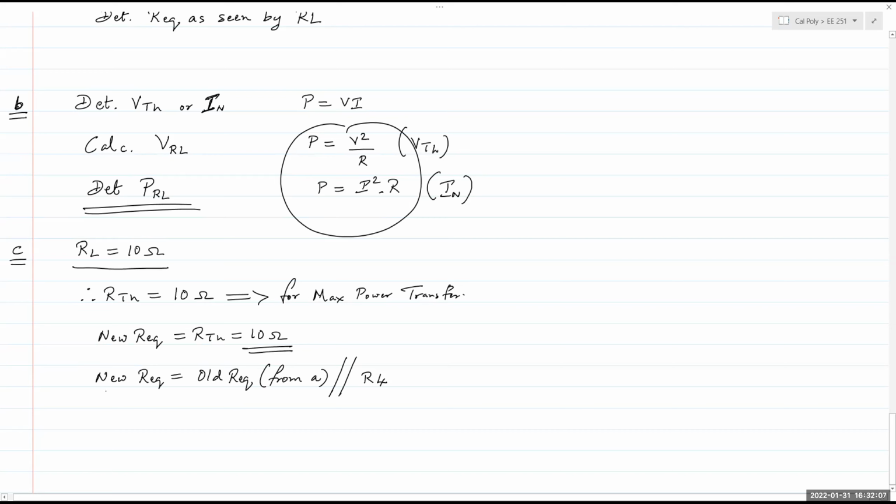All you have to do is use this, right? The new REQ, which is 10 ohms, will have the old REQ from part A in parallel with R4. You equate the two and solve for R4. And that's it. That's 6C.